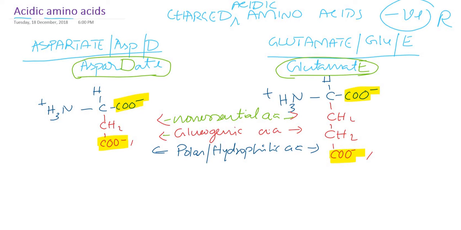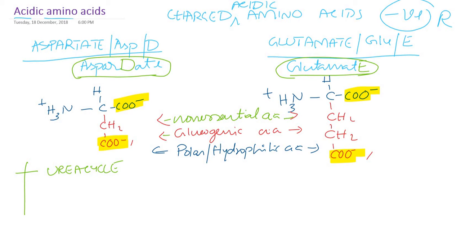Some important functions of aspartic acid: it is involved in a pathway called the urea cycle. We will study this pathway in protein metabolism, where aspartic acid is involved.